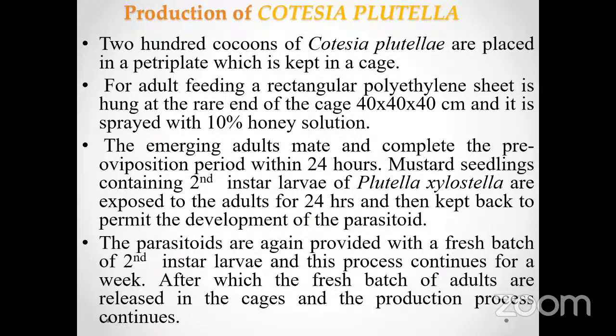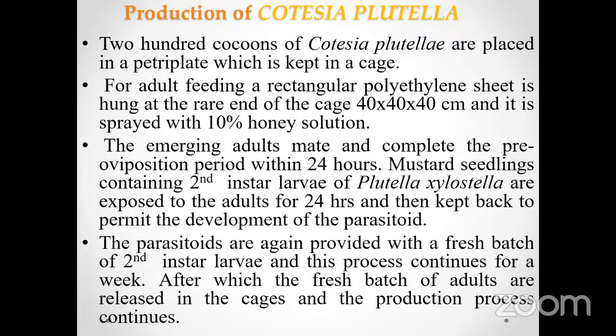When we have the second larval instar of DBM, we will collect those larvae and keep them in a cage provided with Cotesia plutellae. There we need to provide 10% or 50% honey solution as food for the adult stage.